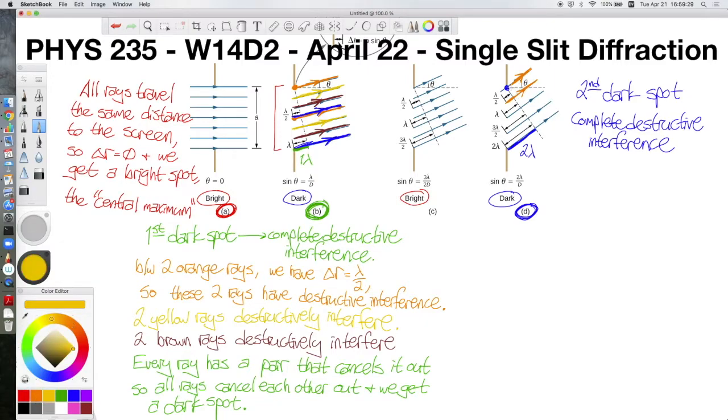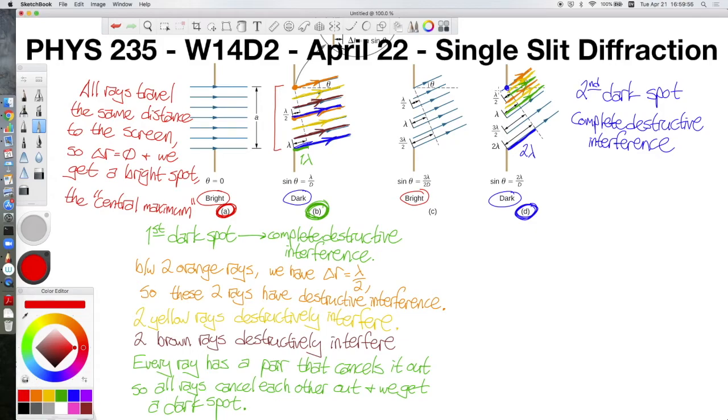Then we could continue along and say, some space a little further over from this first ray, there'll be a ray I'll label in yellow, and that will completely destructively interfere with this other ray I've drawn in yellow. And then using green as my next color, this ray right here in green will completely destructively interfere with this ray in green.